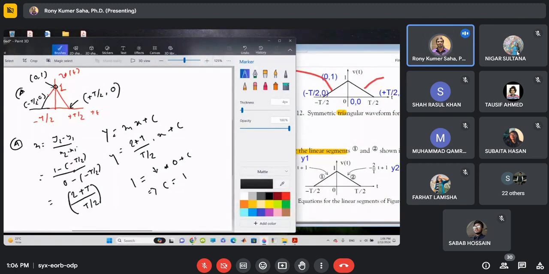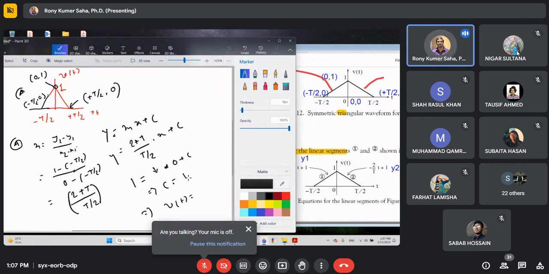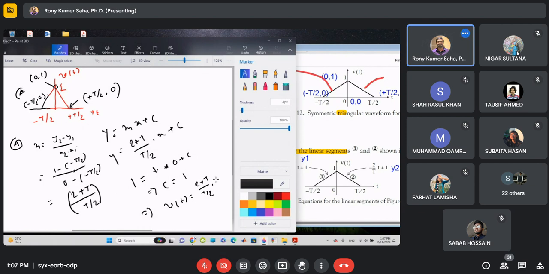As I said, with c equal to 0, y equals mx, right? So for this part y equal to mx, m is 2 plus t over 2, and x is basically t.